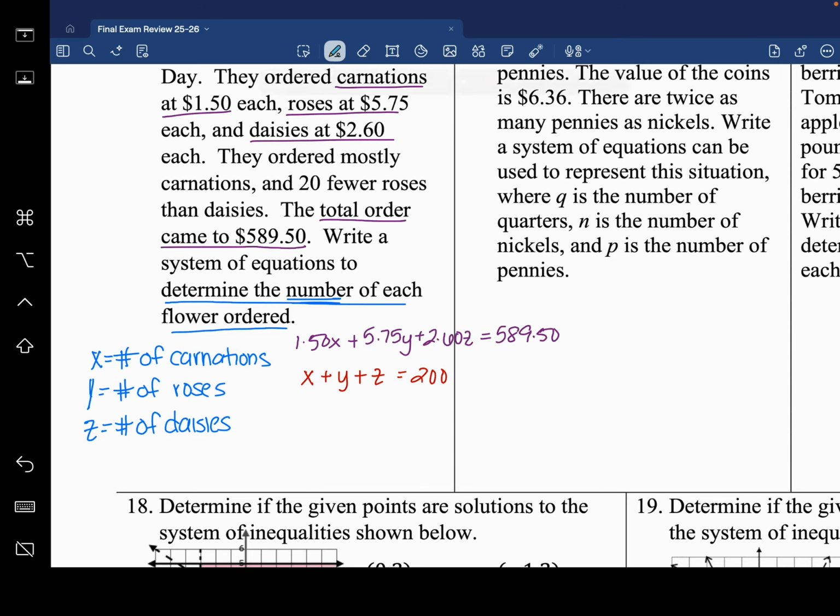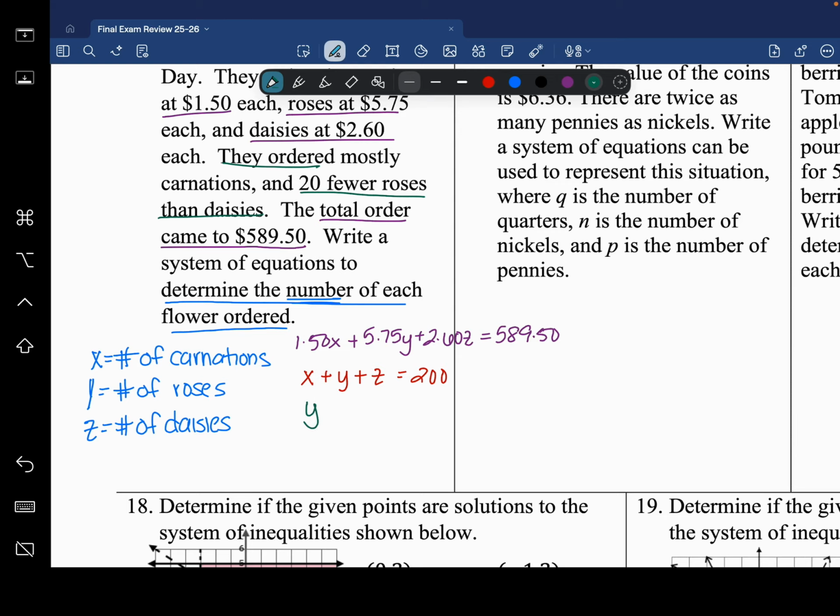The last one is one that I call a comparison problem. It's probably the most difficult one to write. They ordered 20 fewer roses than daisies. Because they are comparing roses to the daisies, in order to find the roses, you must know the daisies first. How many is 20 fewer than the daisies?